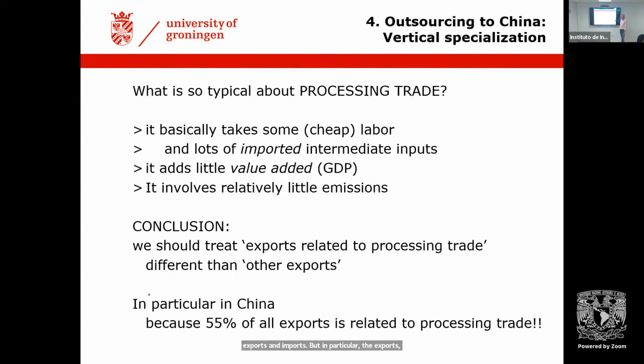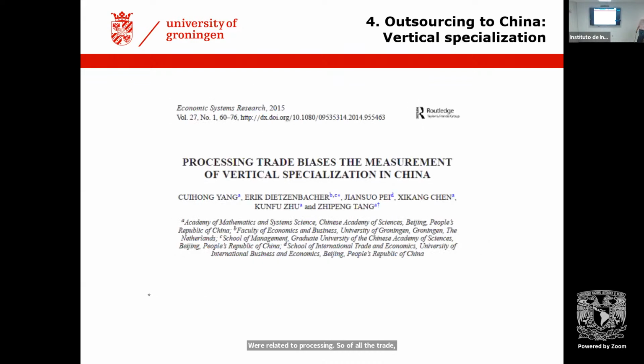And in particular, and that is what makes China so special, 55% of exports at a certain stage around 2002 were related to processing trade. So of all the trade, only 45% was ordinary exports. The rest was processing trade. So this is a paper about the biases in the measurement of vertical specialization from 2015.